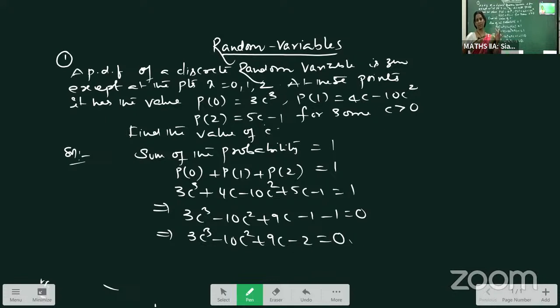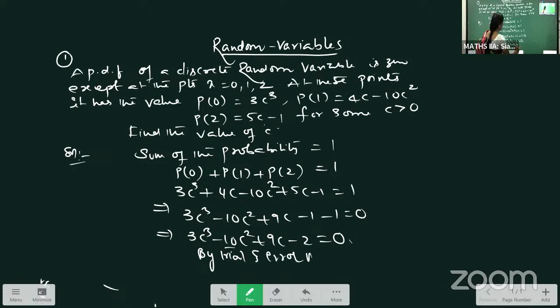There are so many numbers in the universe, but here, for your convenience, only 1, 2, 3 satisfy this equation. Put c in place as 1 and see whether you are getting 0 or not. Satisfies means you have to get 0. So by the trial and error method, put c is equal to 1.